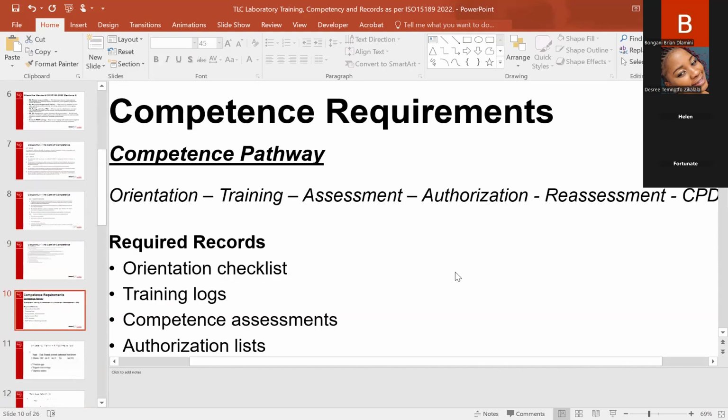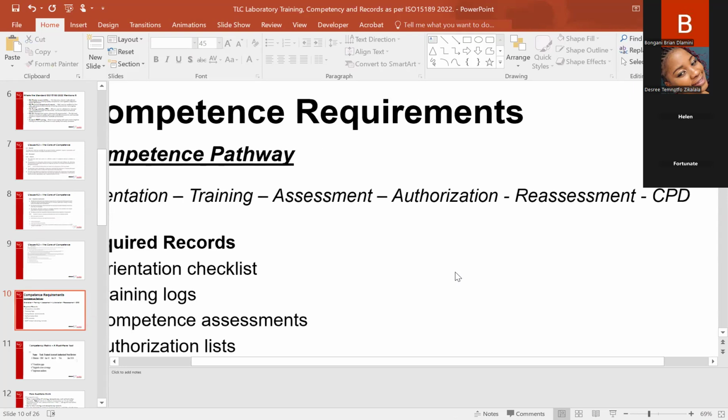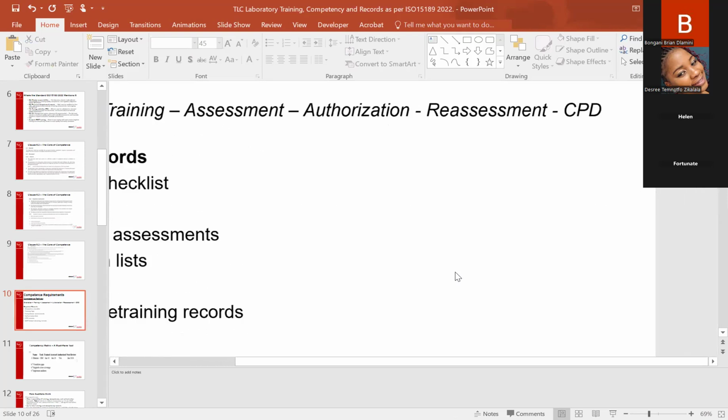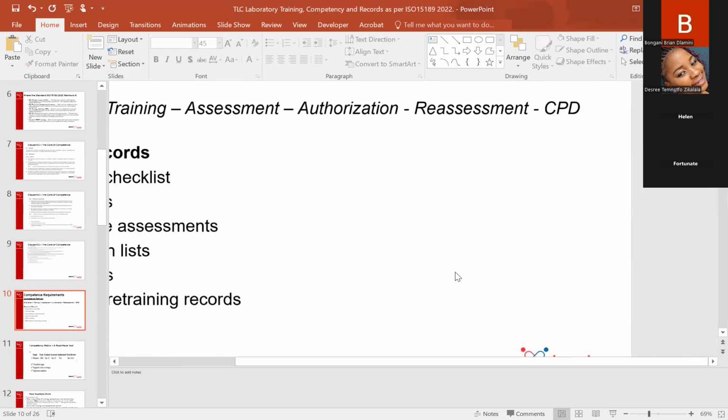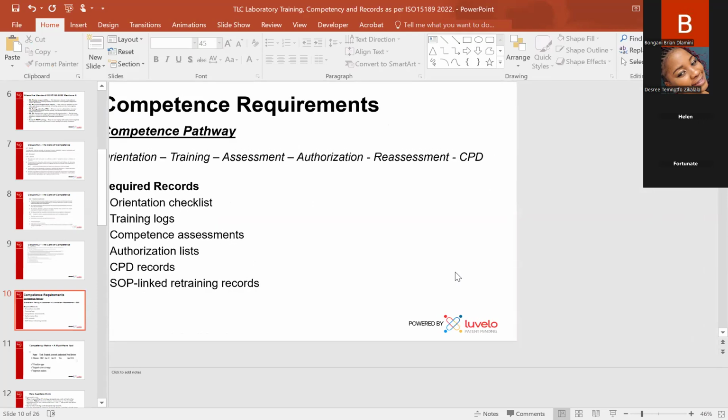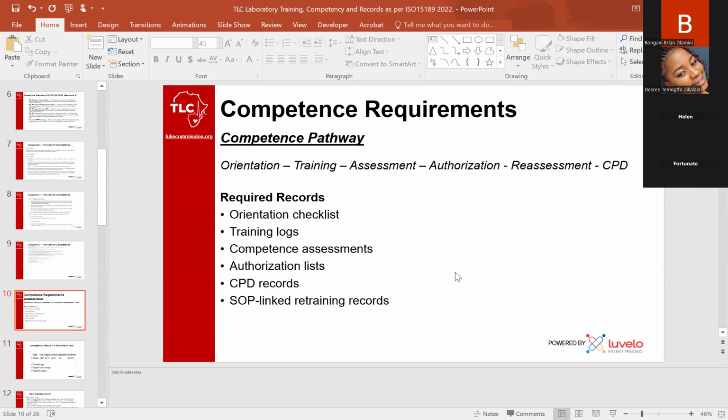Okay, so your competence requirements, your competence pathway: orientation, training, assessment, authorization, reassessment, and following on that, CPD. Required records, and these are records that auditors will ask for. Orientation checklists, training logs.